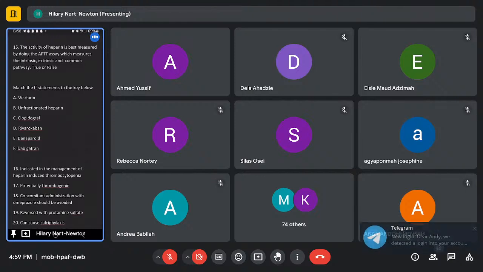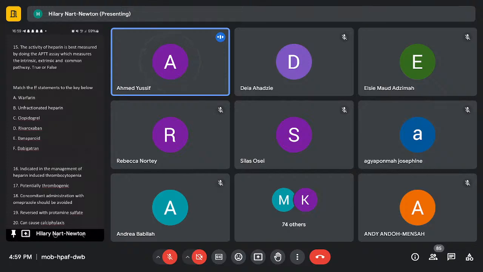15. The activity of heparin is best measured by doing the APTT assay, which measures the intrinsic, extrinsic, and common pathway. True or false? So what are you going for?